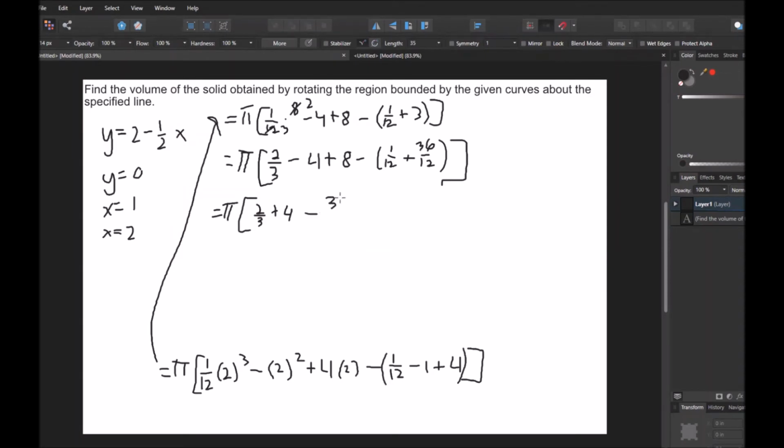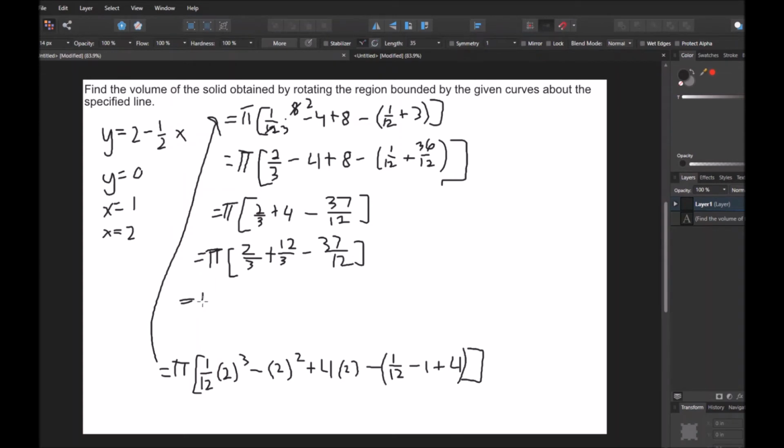Minus 37 over 12, like that. And then we're going to get pi times 2/3 plus 12/3, like this. 12/3 minus 37 over 12.